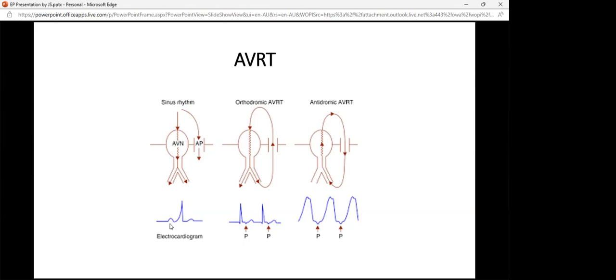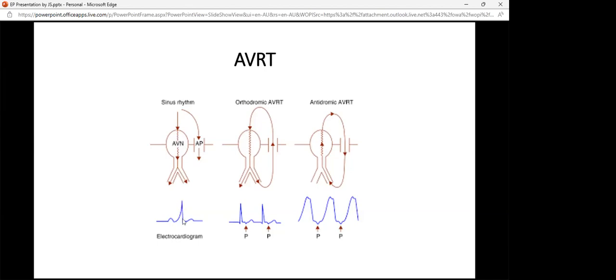Appreciate it. Thanks. So as we move on to AVRT, a nice little graphical representation here is anterograde conduction. So we know in WPW we have conduction across a pathway, okay? So going from A to V via a pathway, which gives us this nice little delta wave that we see on people who present with WPW.